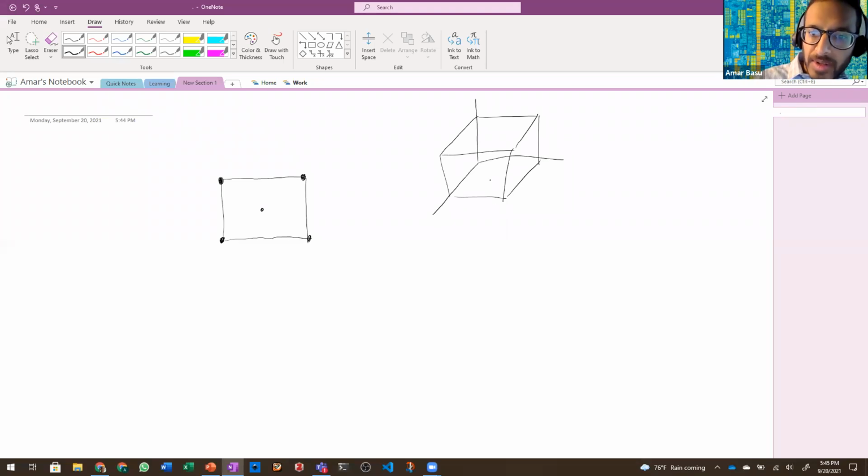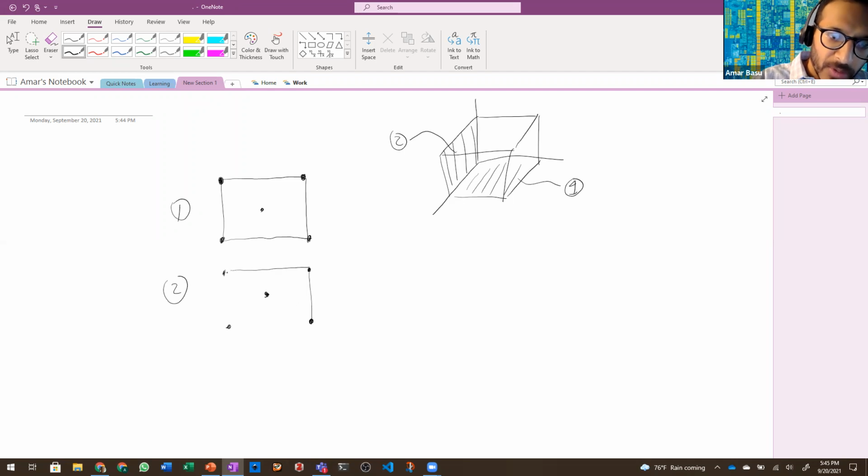I'm going to call this bottom plane, plane 1, and this side plane, plane 2. If we look at the atomic distribution on plane 1, it looks like this. If we look at the atomic distribution on plane 2, it also looks identical.